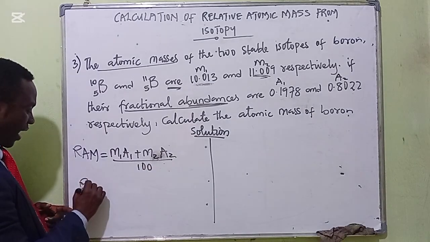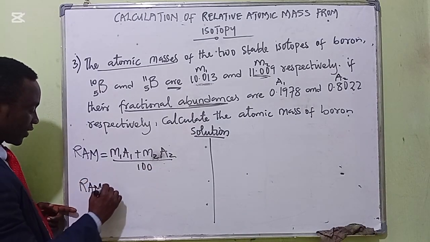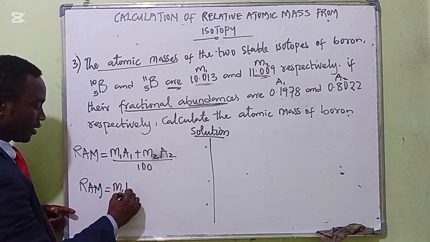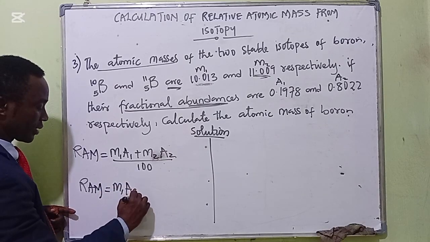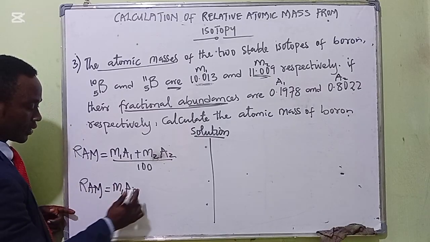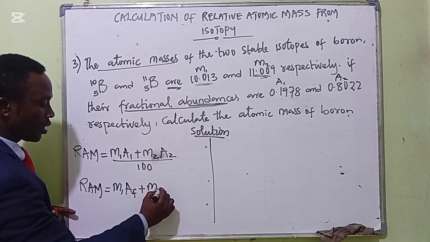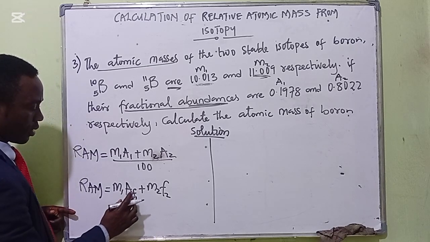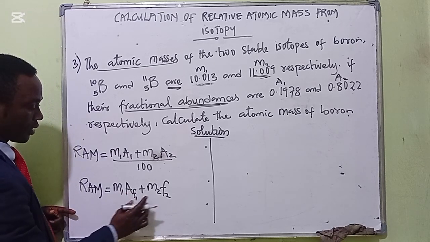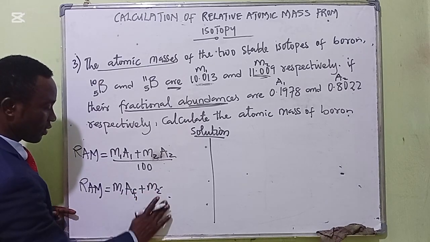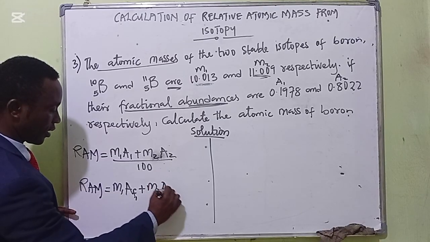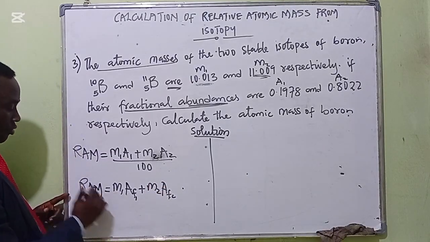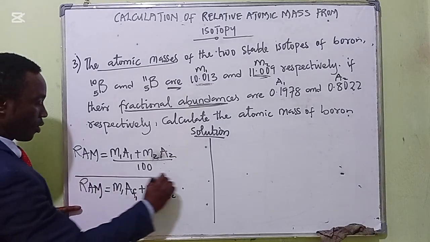So our relative atomic mass in this case will be mass 1 multiplied by the fractional abundance 1 plus mass 2 multiplied by fractional abundance 2. It's in fraction, so no need to divide by 100.